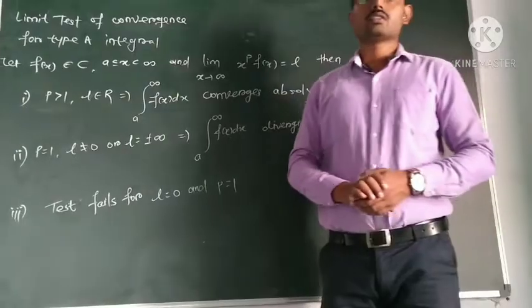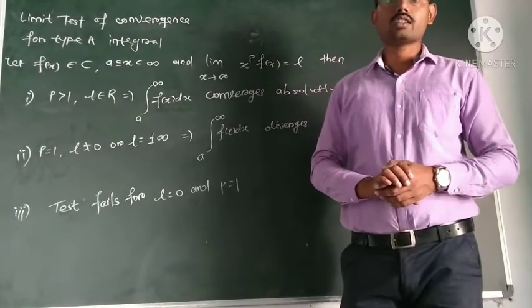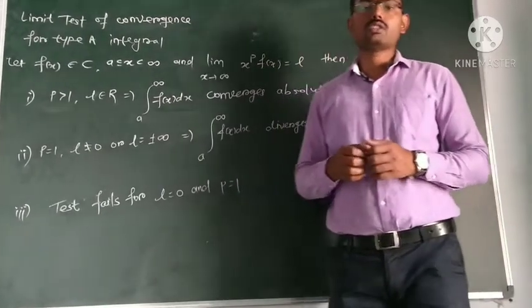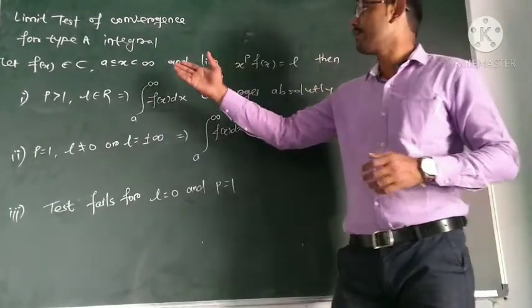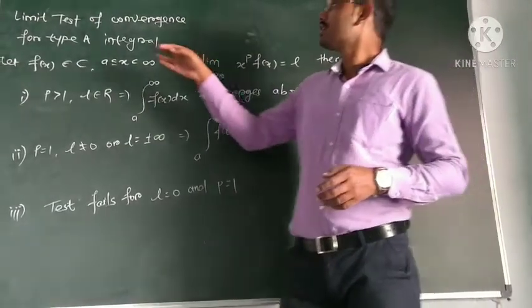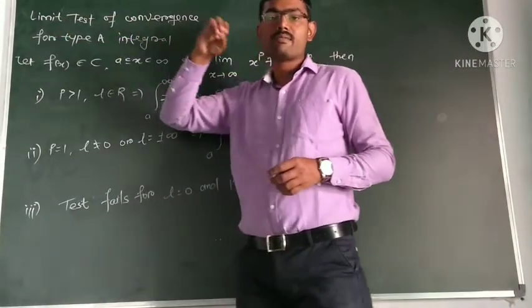Okay. So the next test for checking the convergence of improper integrals of type A is the limit test of convergence. The name suggests we have to take the limit of something.